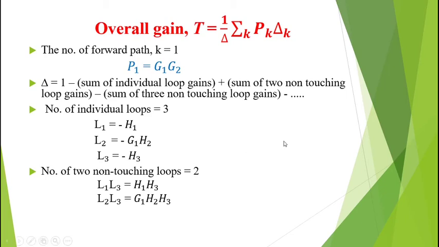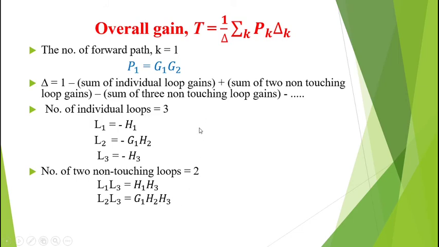Now I am going to substitute all the values into delta, that is 1 minus the sum of individual loop gains, that is these 3 loop gains. So we add minus h1, minus g1 h2 and minus h3, and plus the sum of the non-touching loop gains, that is these 2. We also add these to the delta equation, that is h1 h3 plus g1 h2 h3.